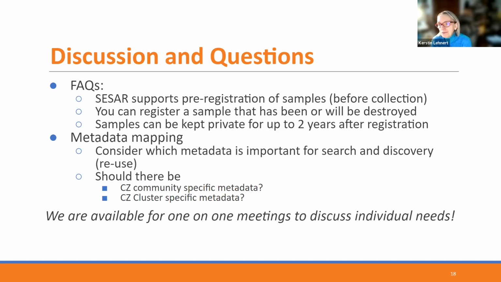But what I just wanted to add is SESAR is entering a phase where it's going to change, and its metadata schema will become a lot more flexible, so that different profiles for different sample types will become much easier to implement than now, where it's a fairly static, rigid metadata schema.